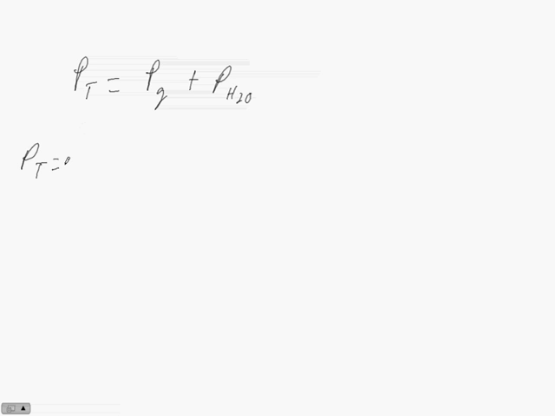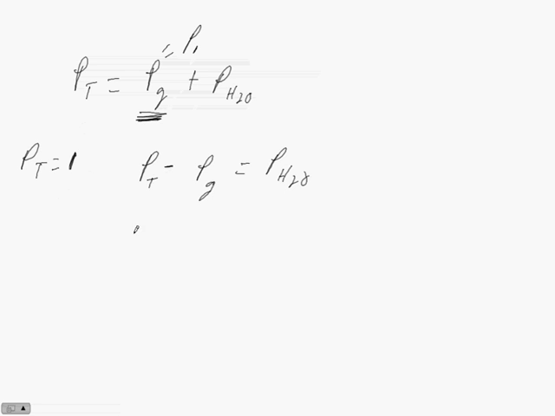Remember, we were told that PT is equal to the pressure of the gas plus the pressure of the water. That's the water vapor. So we know that the total pressure was equal to 1. So PT is equal to 1. And we know what the pressure of the gas is, because the pressure of the gas is equal to our P1, our initial pressure. So we can solve this by saying P total minus the P of gas is equal to the pressure of the water.